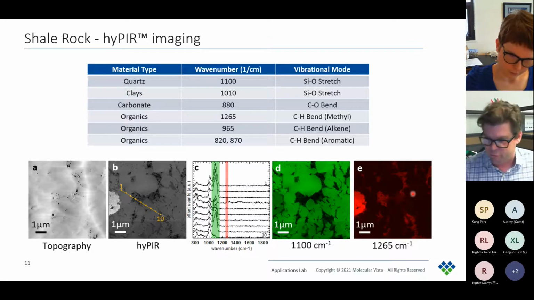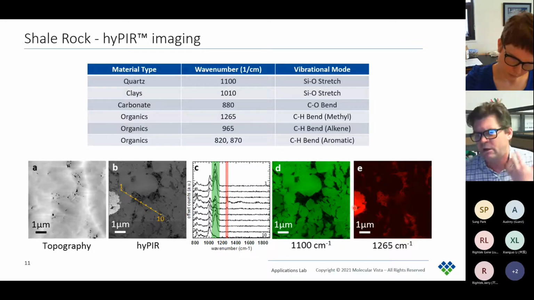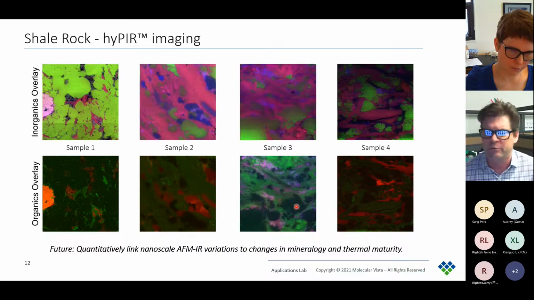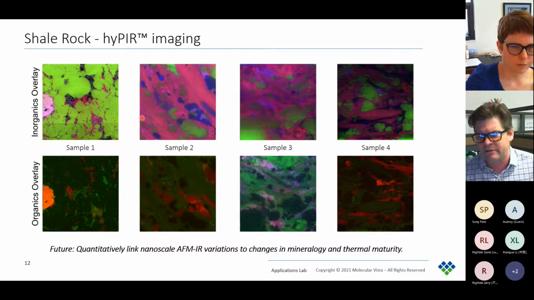So we can start to use this as ways to determine where are we seeing organics and inorganics in that shale rock. We did this on 4 different samples, and we built a composite image of purely inorganics. So all the images across the top are just highlighting where inorganics were visualized in that data set.